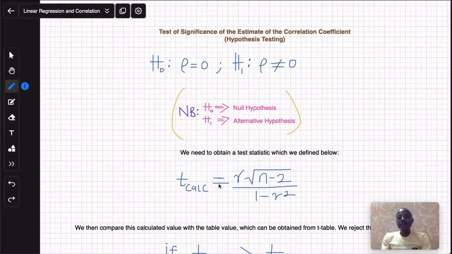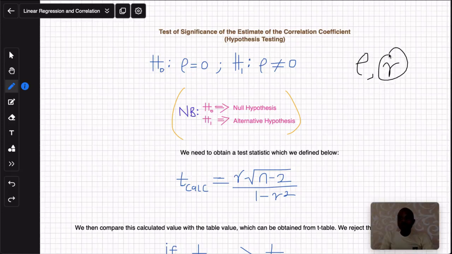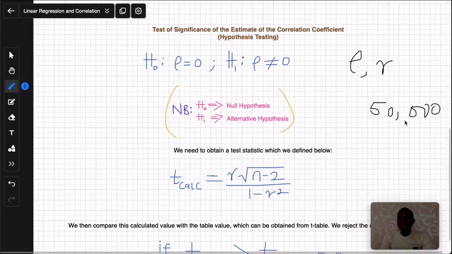And our desire when we do estimation, because we know we have a rho, that's the population correlation coefficient, and what we are obtaining is a sample correlation coefficient called R. Now we want to generalize based on the value we obtained from the sample to the population, so that though we obtained it for 50,000 people, for instance, we are not limiting our result to the 50,000 people, but we'll talk about the result as though we did it for the 2 million people.